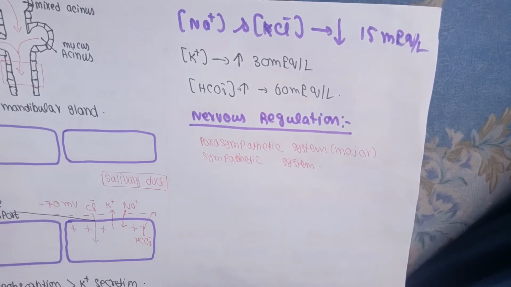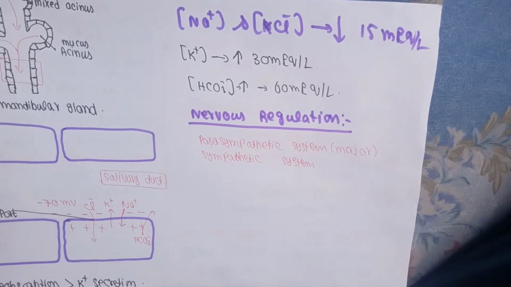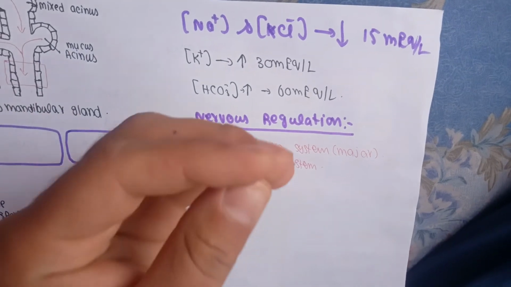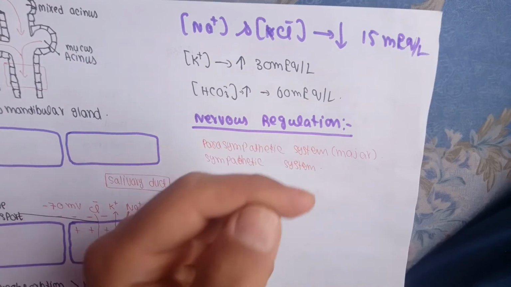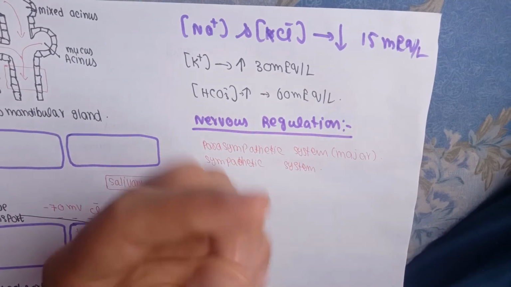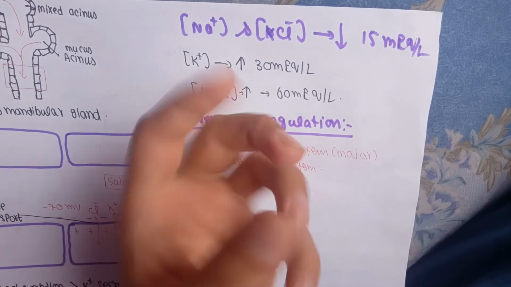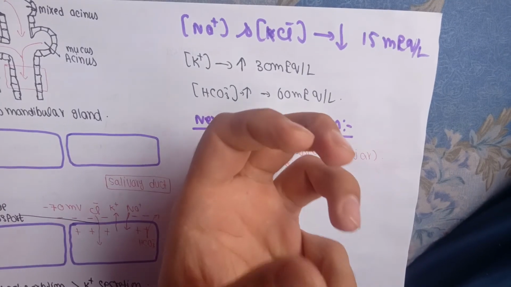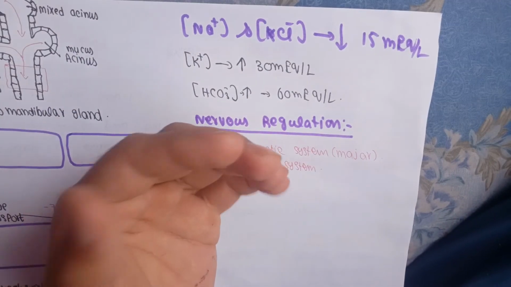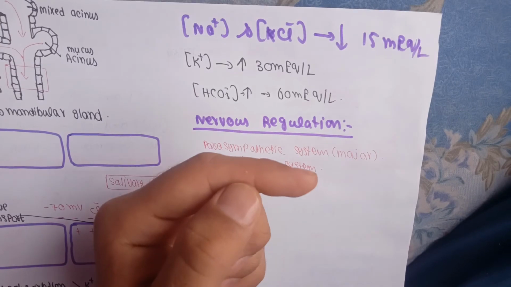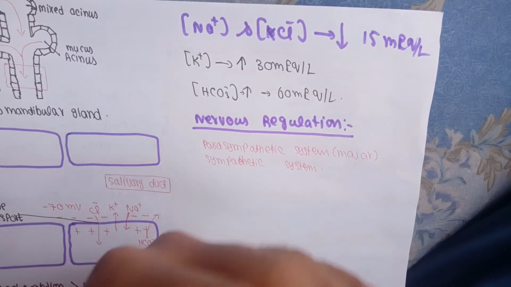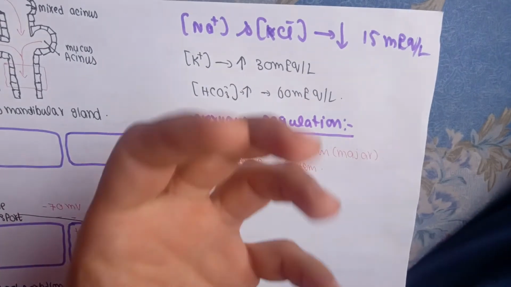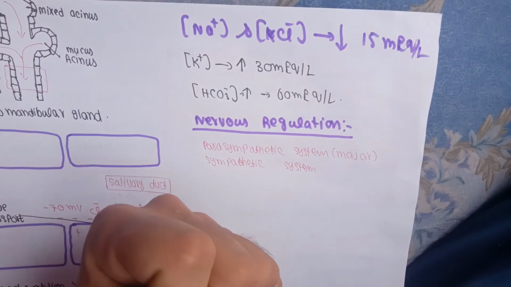The nuclei, the centers that control the salivary secretion, are located between the pons and medulla. These receive signals from different parts of the oral cavity, from the tongue and the pharynx, and then send the order, and the salivary secretion is increased.